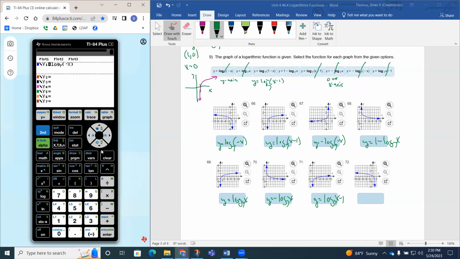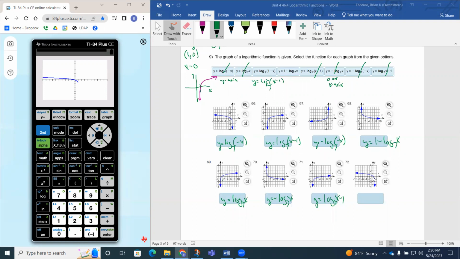So y equals, clear. So math, and put a 7 there, and then a 1 minus x. See if it mirrors what we're thinking. So it looks like it's crossing at the origin, and there's the y-axis here.